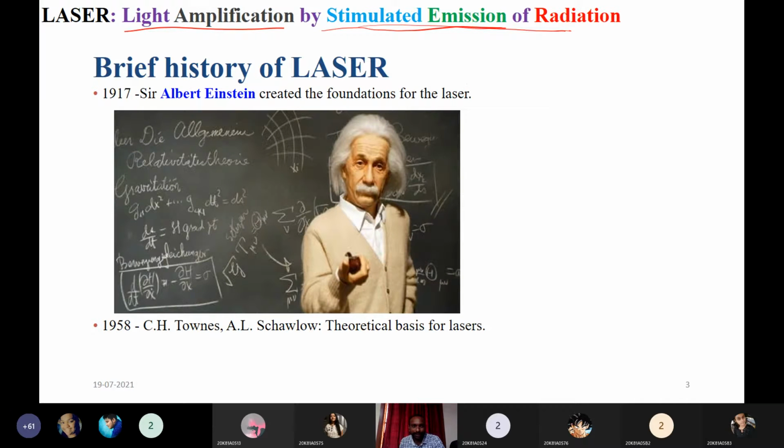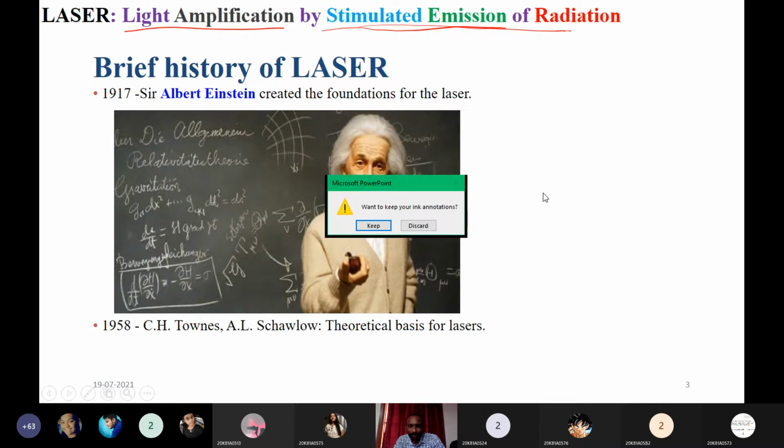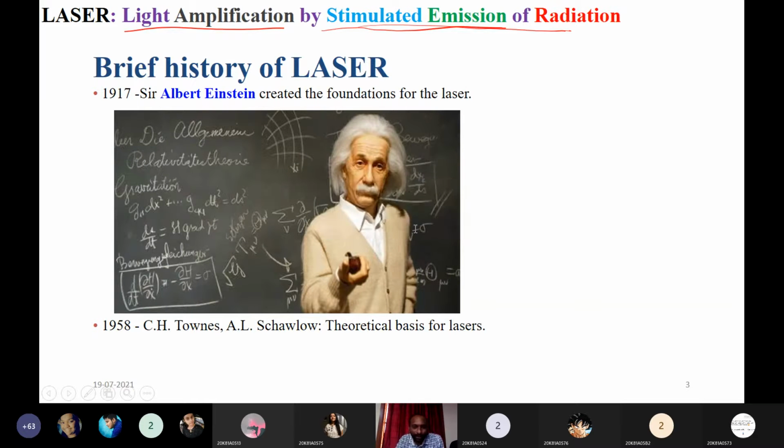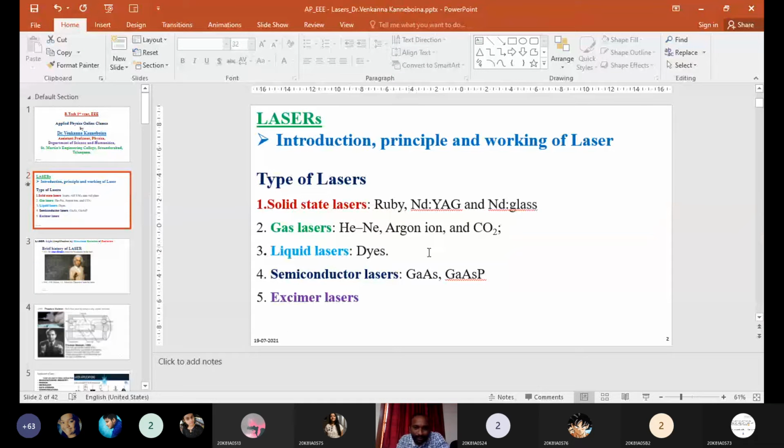Sir, what is meant by Nd and the A in that abbreviation? Previous slide. Yeah, Nd is neodymium, then yttrium, and there is an A for something. I don't exactly know. These are also materials, different materials. Okay, sir, I will tell you tomorrow.